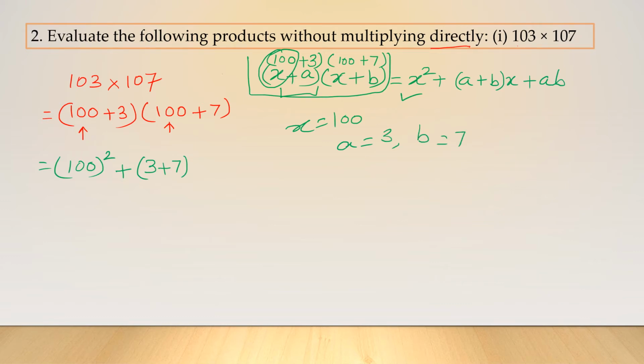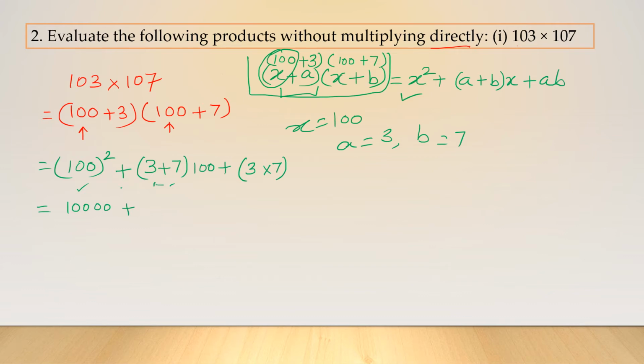We just have done the comparison. So x square plus (a plus b)x plus a into b. The value of a is 3 and the value of b is 7. Now the square of 100 is 10,000.